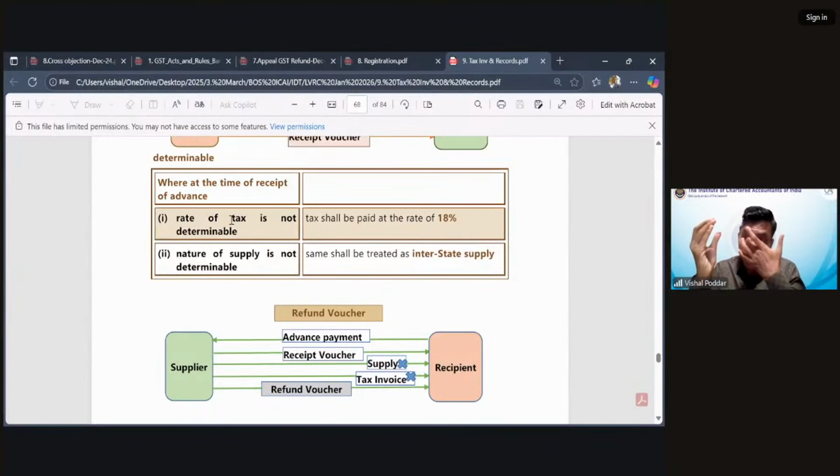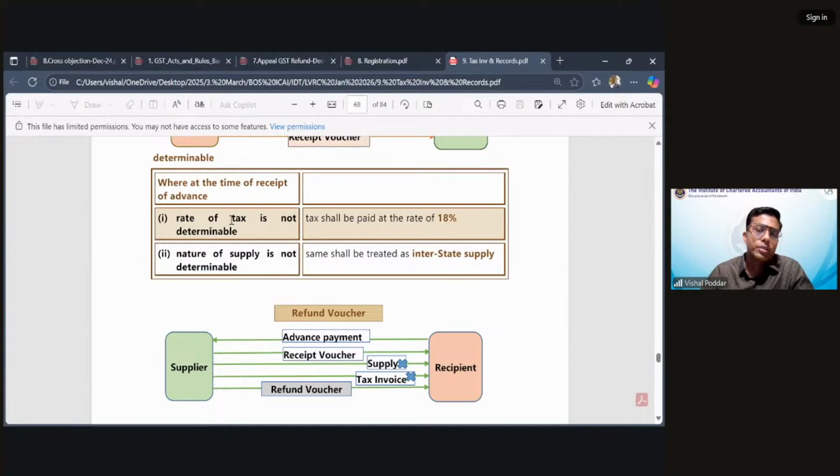In such a case where the advance is not linked to any particular item and you are going to supply multiple items with different tax rates, you do not know the actual tax rate of any of these items today, because today you have only received money, but the goods or services are yet to be supplied.